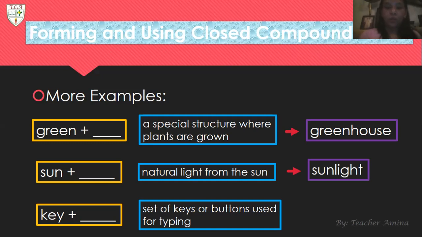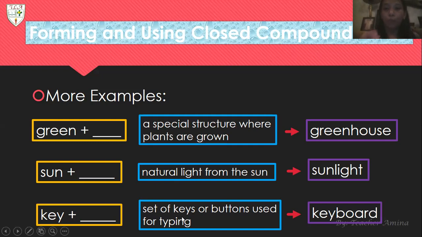Okay, so that missing word is board. Key and board have different meanings on their own, and together they match this meaning. So that compound word is keyboard.